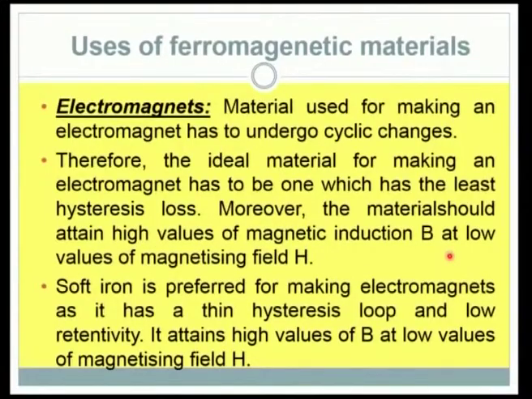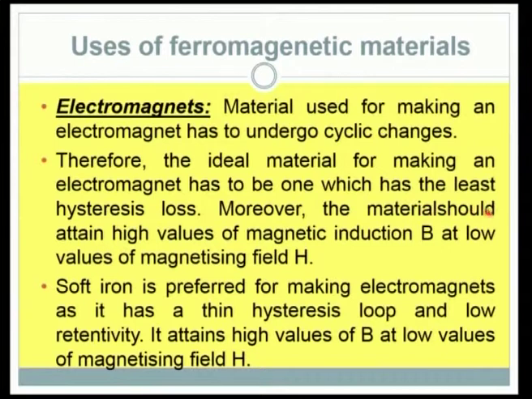The next application I would like to take up for discussion is electromagnets. Material used for making an electromagnet has to undergo cyclic changes. Therefore, the ideal material has to be one which has the least hysteresis loss.